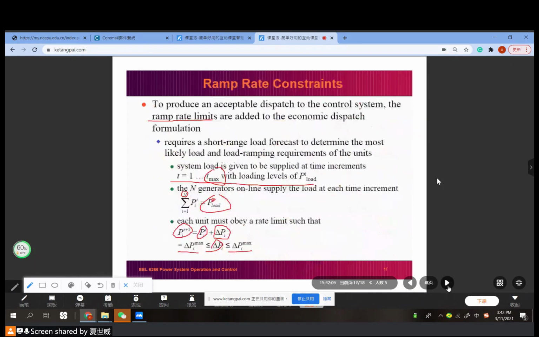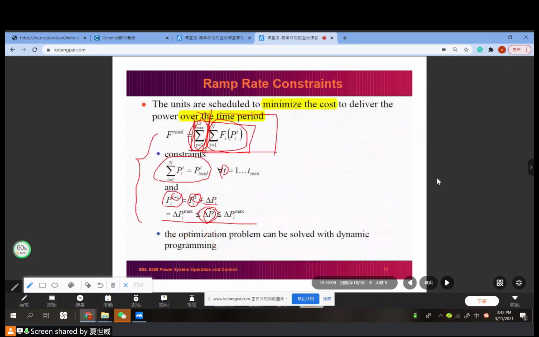Then we expanded the economic dispatch problem to include multiple time periods. Besides the load balance constraint, we also have the ramp rate limit constraint like this. This is the full expression for the economic dispatch problem.